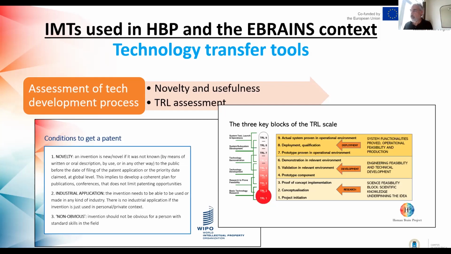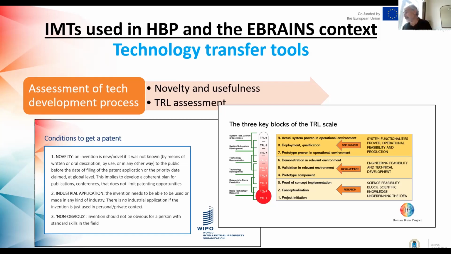And finally, when your prototype is proven and is working well in simulated conditions, very close to the real conditions, then you can qualify it with complementary instructions, documentation, and deployment.